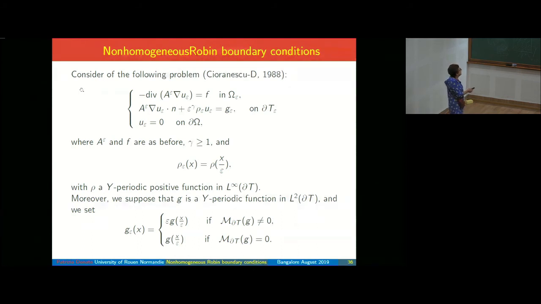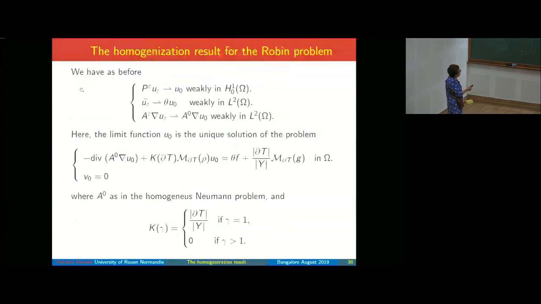And this data, which was only on the boundary of the holes, became a diffused data because it appeared in the right-hand side together with the F. That means that this is the equation. You have theta F as before, plus this term, which came from G, which is 0 if the average of G is 0, otherwise it exists, and here we have this other term. Okay.